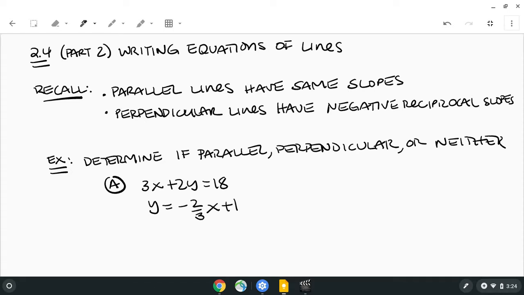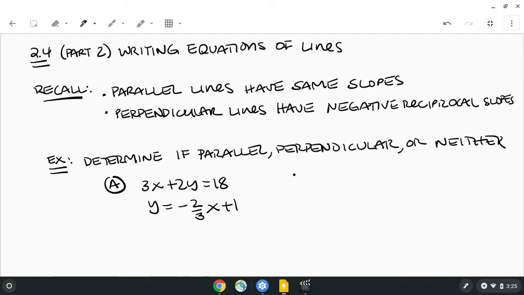Okay? All right, so over here, this equation is written in slope-intercept form. So here, it's easy to tell what the slope is, right? When we're trying to figure out if two lines are parallel or perpendicular, we want to know their slopes, because if they have the same slope, then we can say that they are parallel lines.